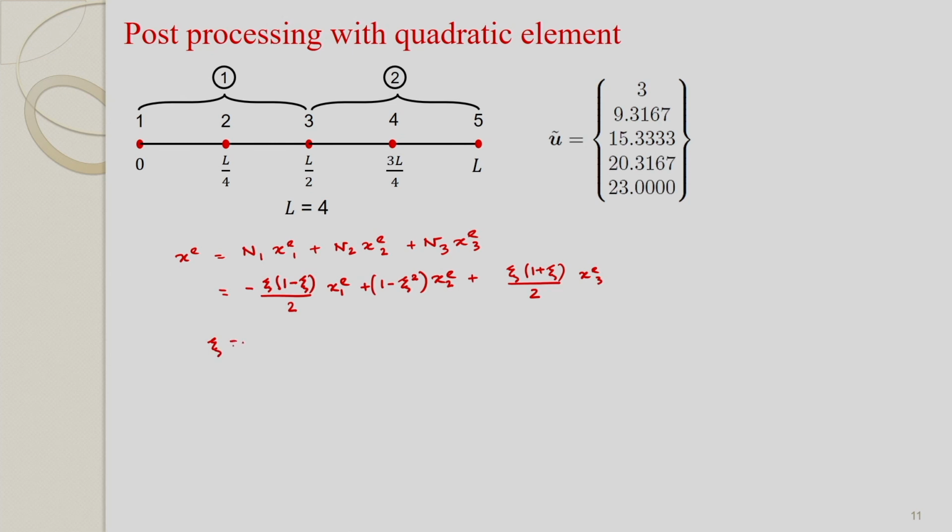So here we do the post processing in a little different way. We take the xi points between -1 to 1 with increment 0.25.